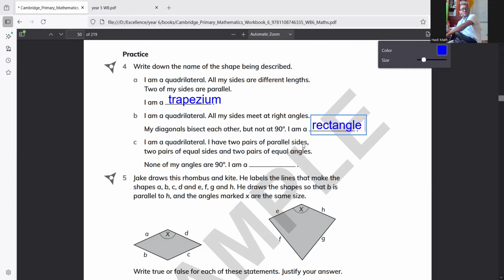Then two pairs of equal sides: now you cancel the square and the rhombus, leaving a rectangle or a parallelogram. Then two pairs of equal angles: now we cancel the rectangle out, because in rectangles all the angles are 90 degrees. None of my angles are 90 degrees, so I am a parallelogram.